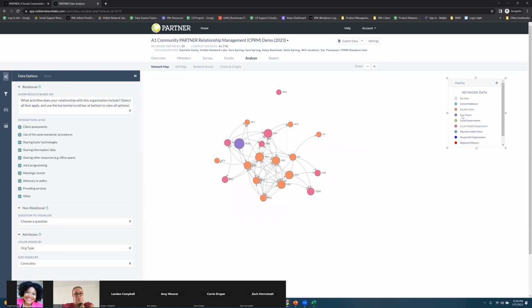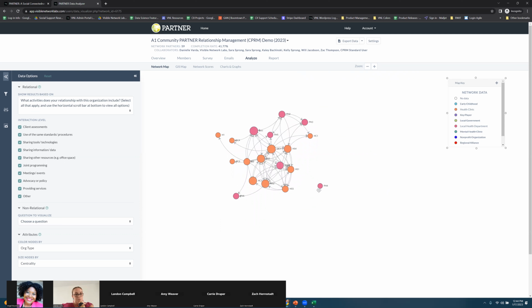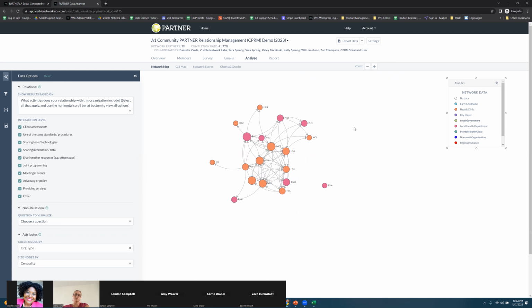Now if I take out my key player, you can see the network's still pretty connected, but this public health department over here becomes siloed. So specifically looking at whether that organization is connected to a specific council or organization type, it could be really interesting to see if they're the key connector.